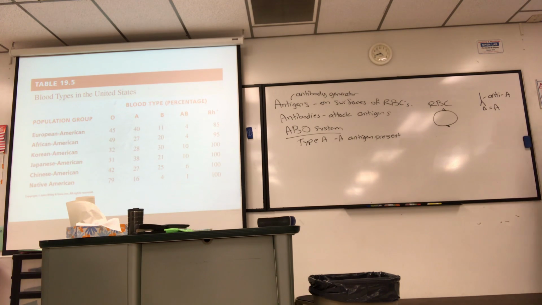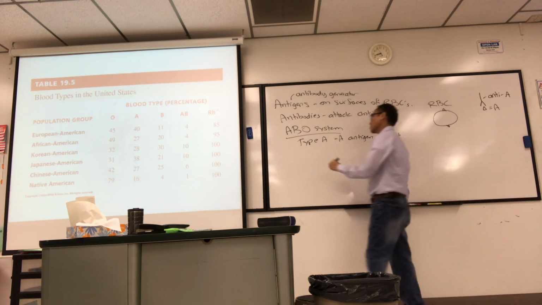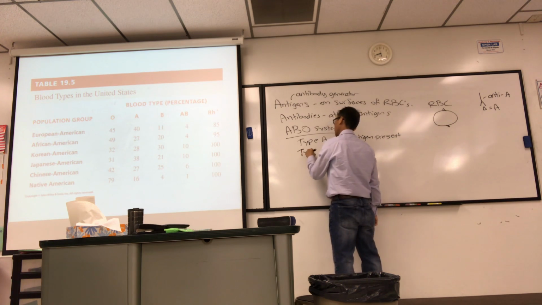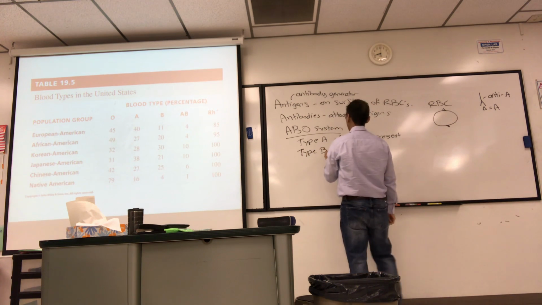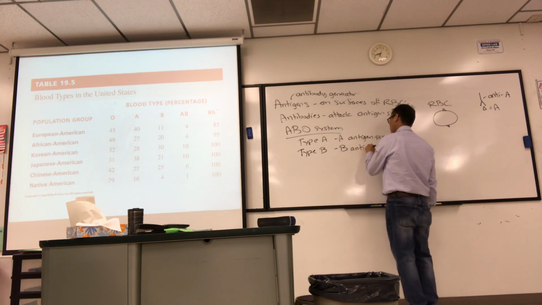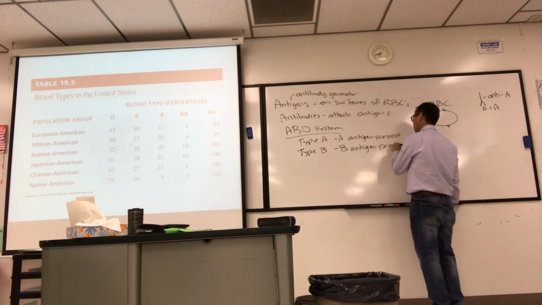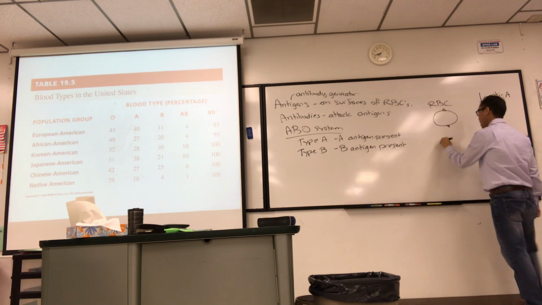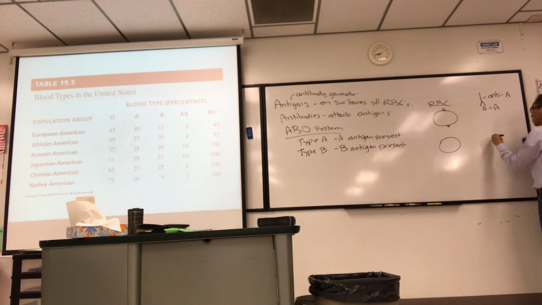If you're type B, the B antigen is present. So let's say a little circle equals B. Then I'll put a circle-shaped antibody as anti-B.